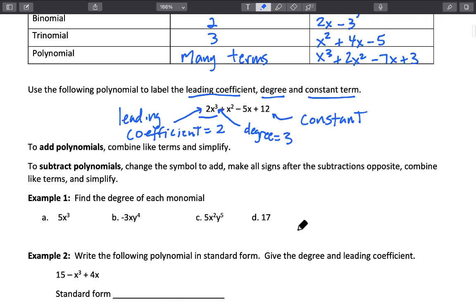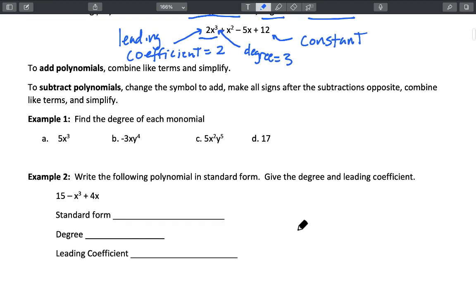All right, let's jump into the heart of this unit, which is really talking about adding and subtracting polynomials. When we add polynomials, all we're going to do is drop any of the parentheses and combine like terms. Remember, a like term has the same variable to the same degree. And therefore, when we add those terms, we will add the coefficients.